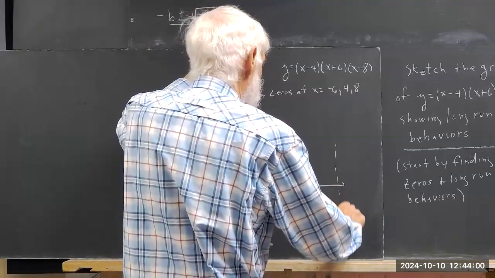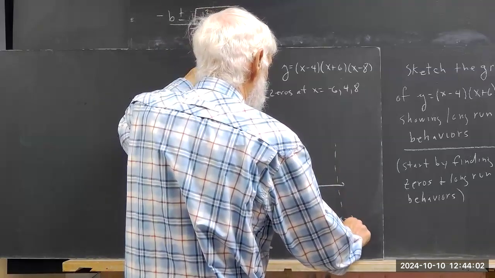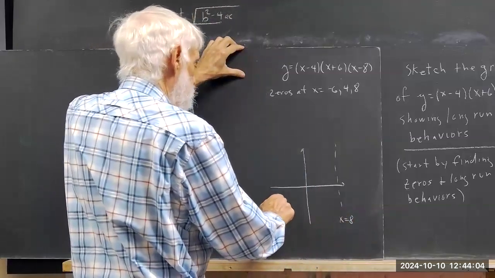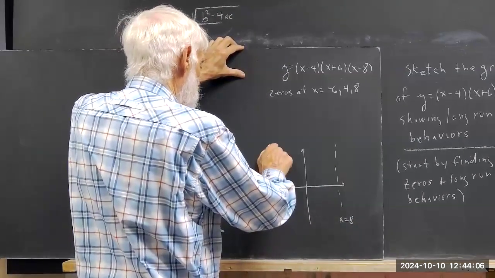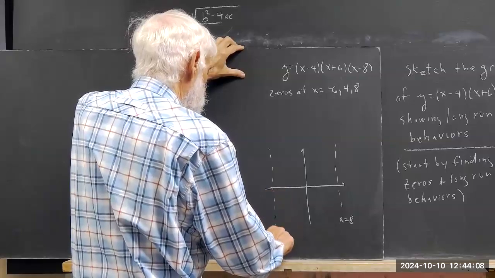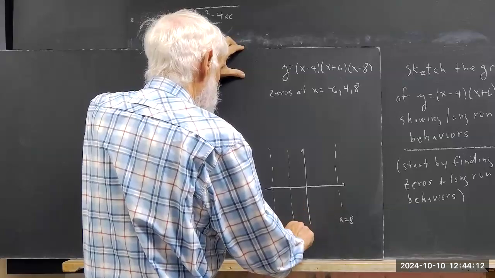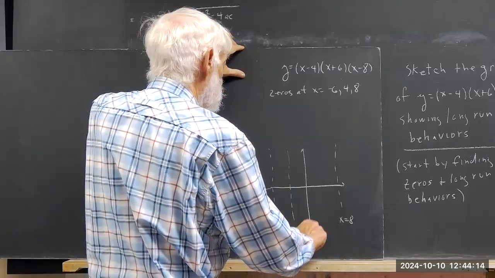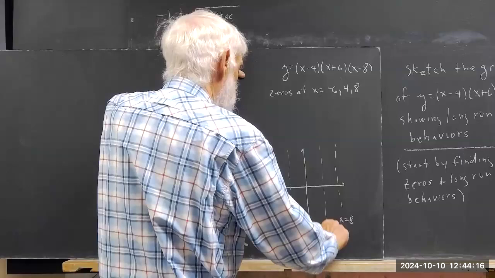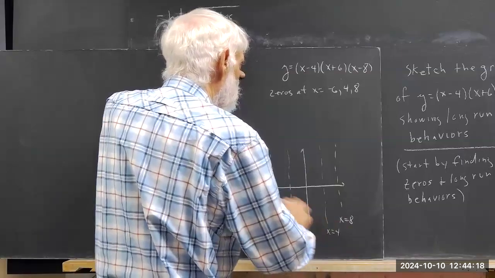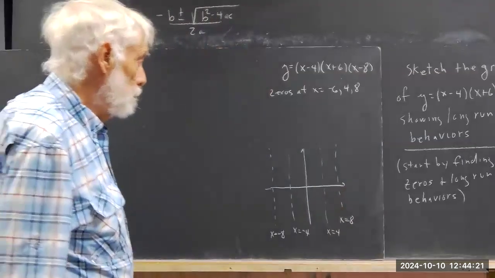Put x equals 8 here. You'll put x equals negative 8 here, although we won't need it. So then x equals negative 4 here. x equals 4 here. Gives us a pretty good idea where these things will be located.